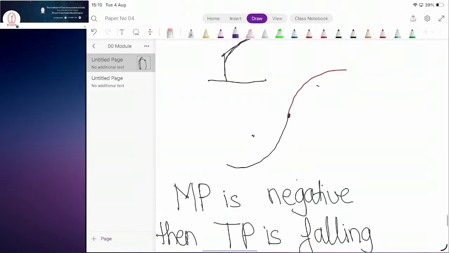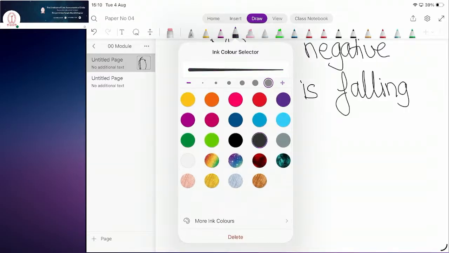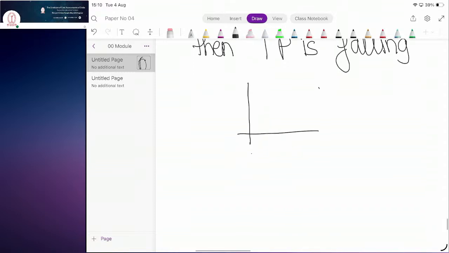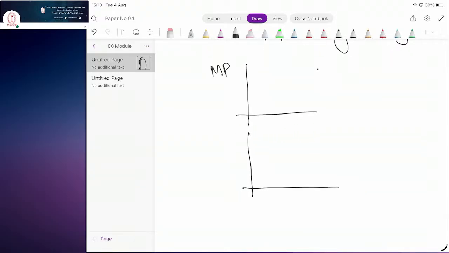Okay, let's go to the last page of your notebook and quickly redraw the configurations. Draw small diagrams like this on the last page without any reference. Now MP and TP. See that you are able to replicate the diagram, this time without looking back at the notebook. If you are keeping the study material open, close it so that you don't have any reference.